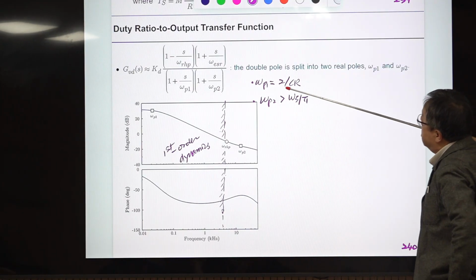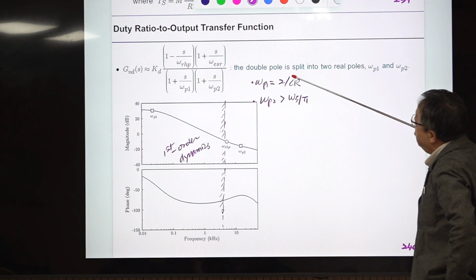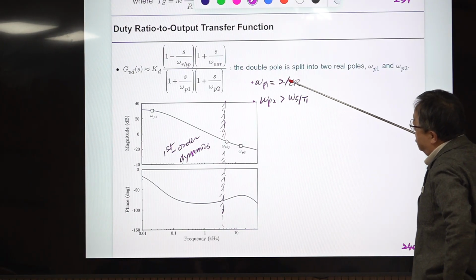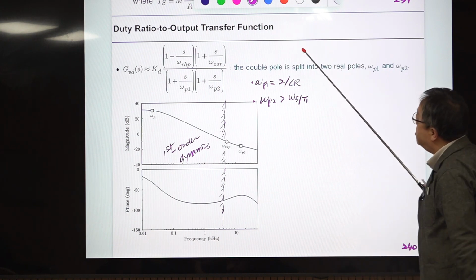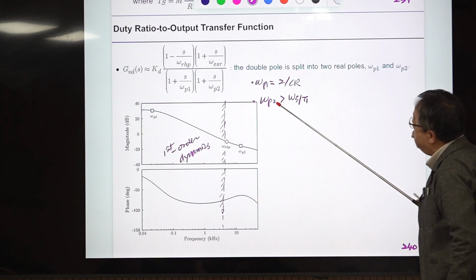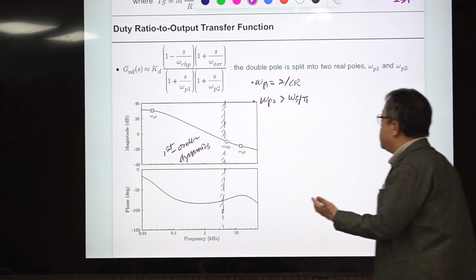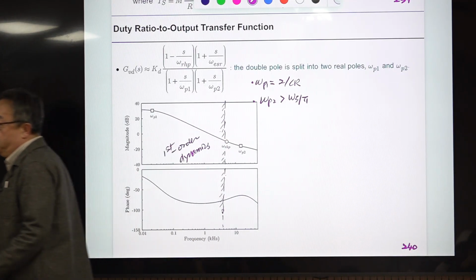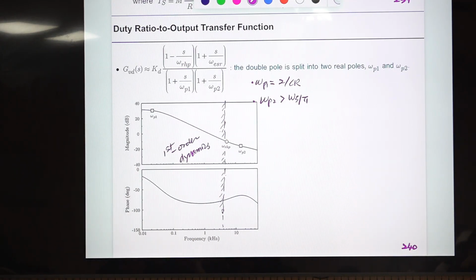This is large, right? C is large, R is large. So this occurs at very low frequencies. The exact expression of omega P2 is very complicated, but it can be proved that it is larger than half the switching frequency.